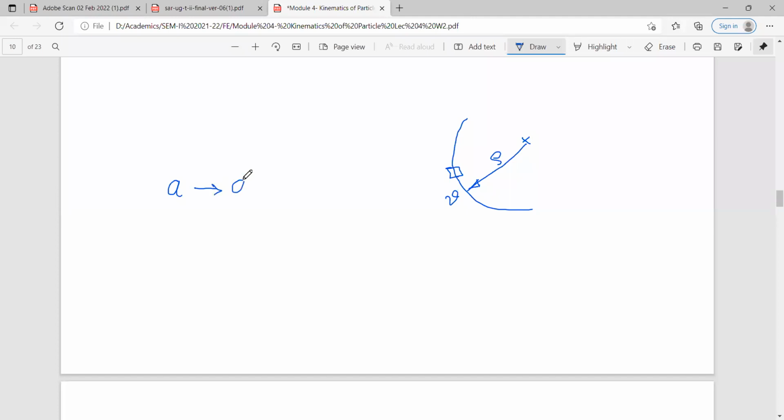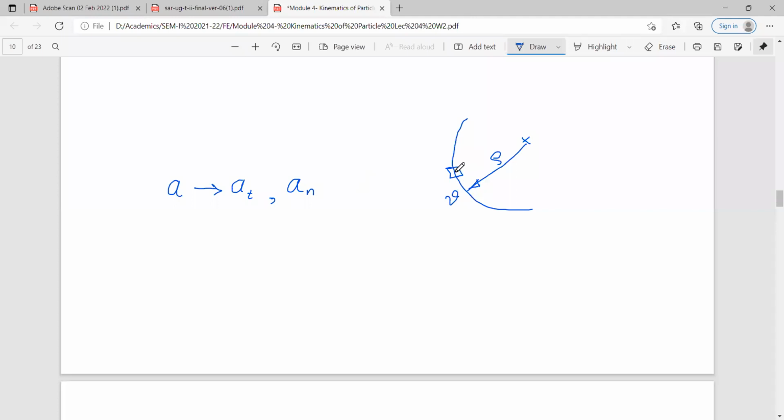One is tangential component, and another one is the normal component of acceleration, respectively. The direction of tangential component is along the direction of velocity.